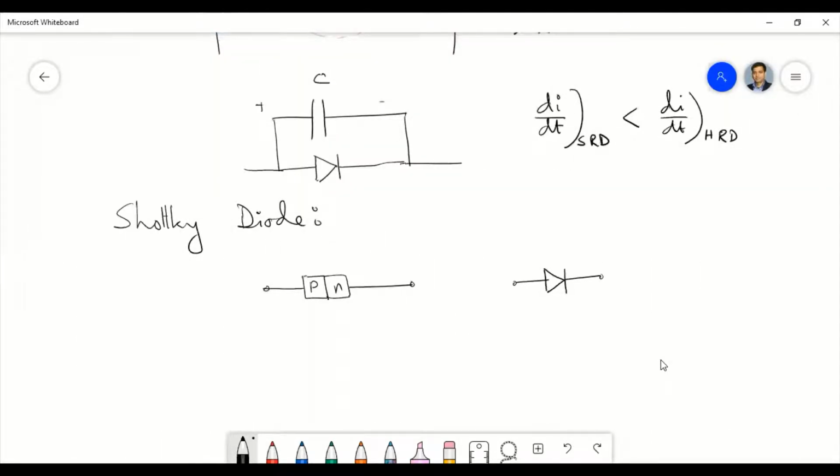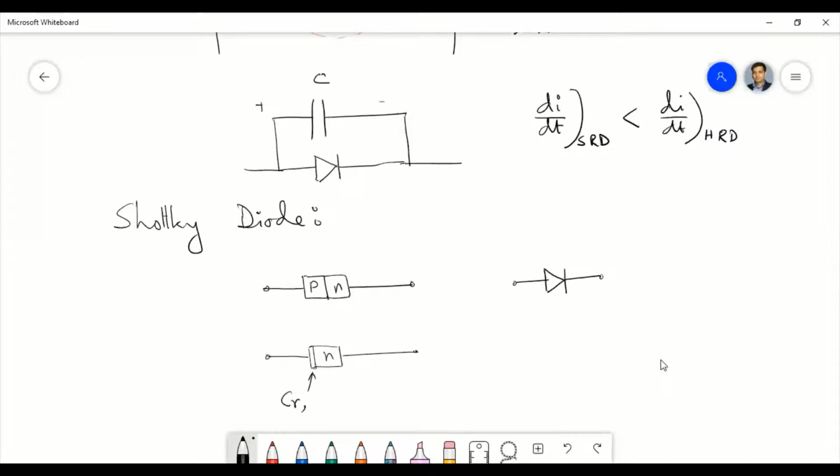But here we have a metal connected with the N substrate. What type of metal? The metal can be chromium, can be platinum, can be molybdenum.